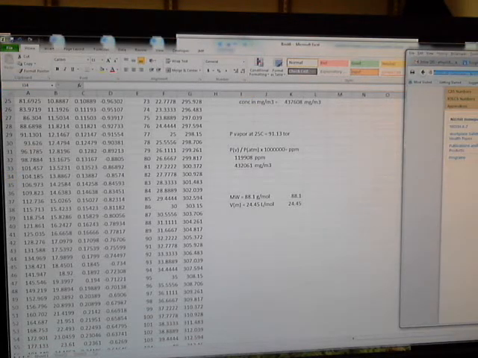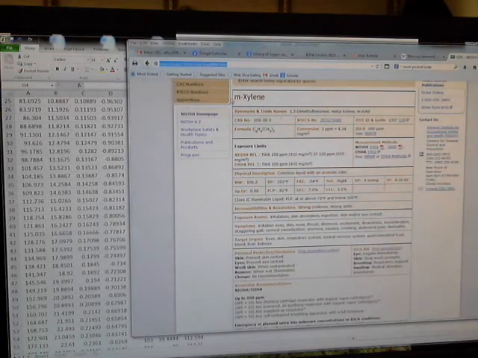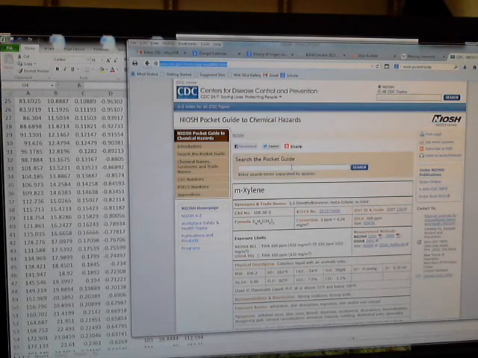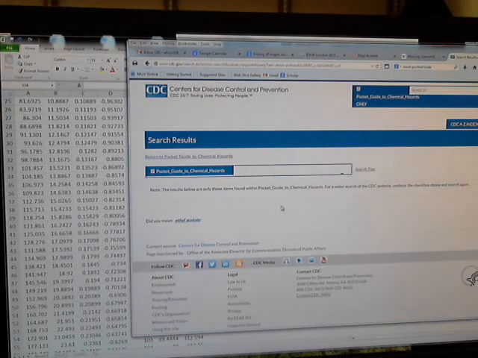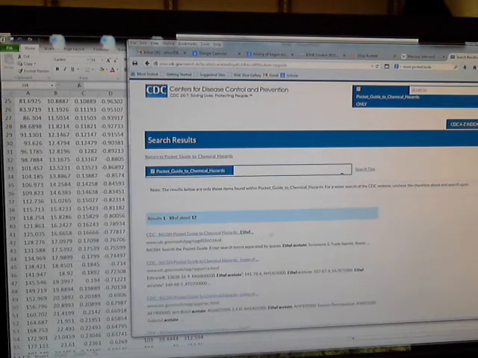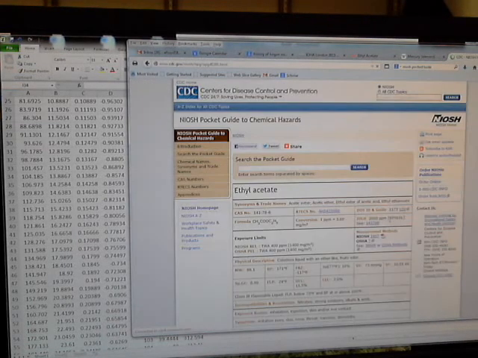Now, if we wanted to see if we were correct, we could get on the NIOSH Pocket Guide and look up ethyl acetate. Having trouble spelling today, but that's okay.